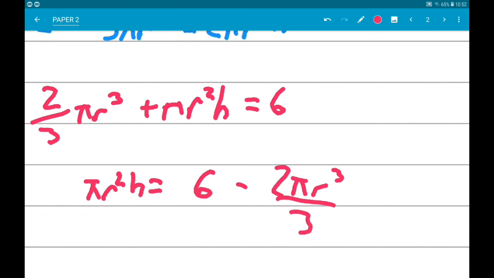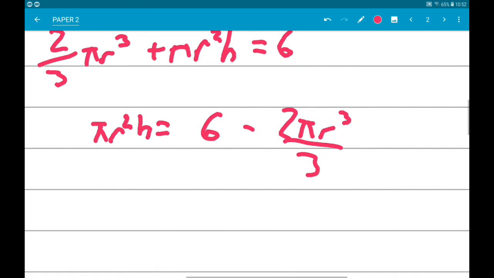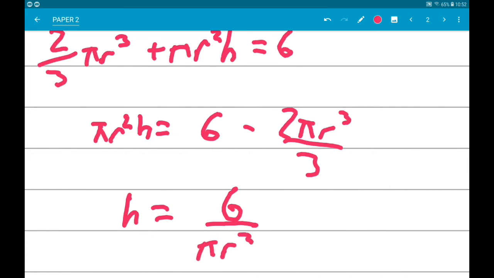Now, we divide through by pi r squared. So, h is 6 over pi r squared minus, the pi cancels, and r cubed divided by r squared is r. So we have minus 2r over 3.